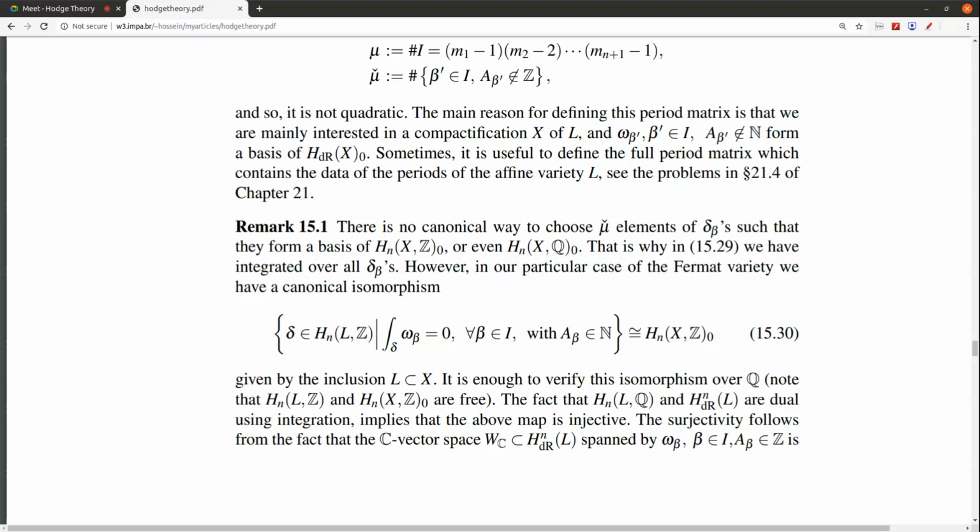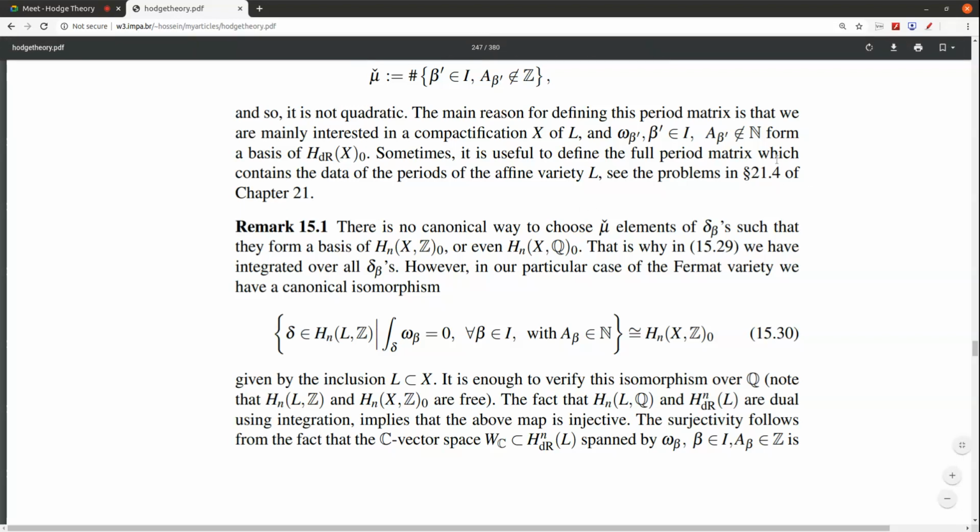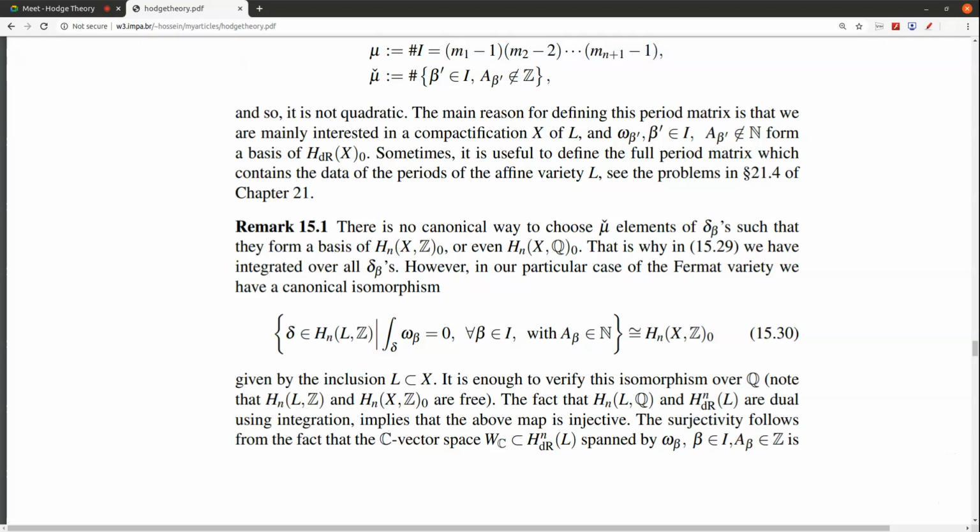In the way that I presented the Hodge cycles, at the end the Hodge cycles are defined modulo cycles at infinity, because cycles at infinity will pop up in our way because we wanted to study Hodge cycles supporting affine variety. And at the end, a Hodge cycle is defined modulo these objects. So it is desirable to try to fix a representative of Hodge cycles.